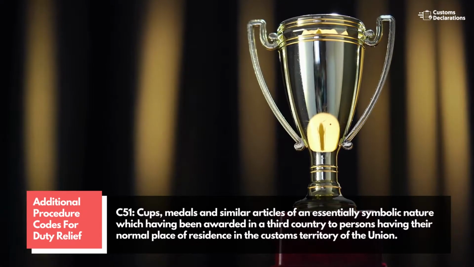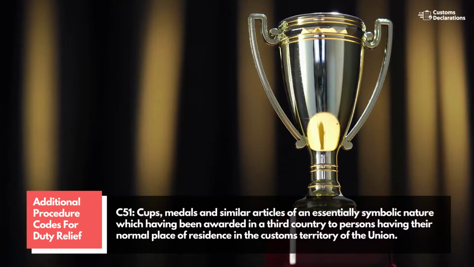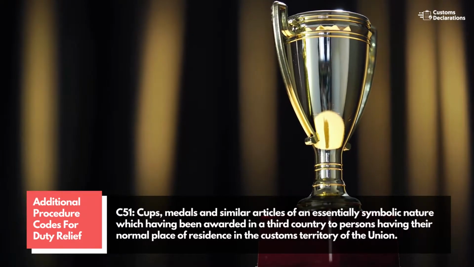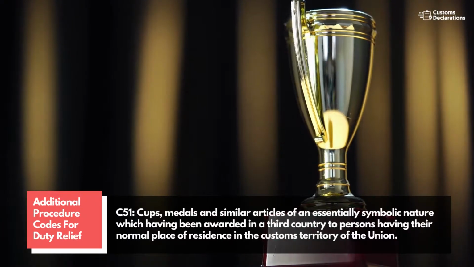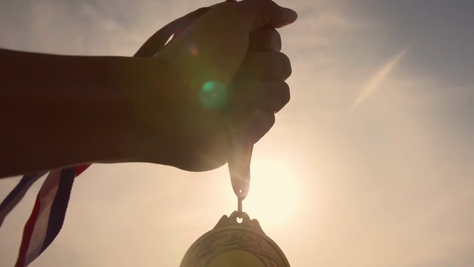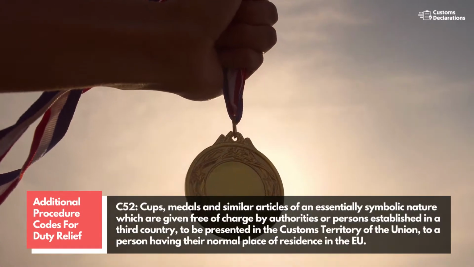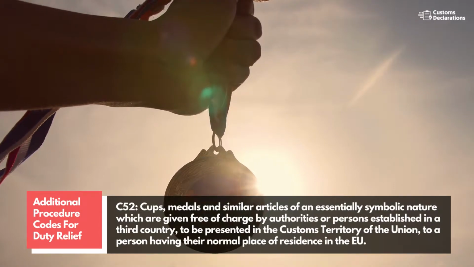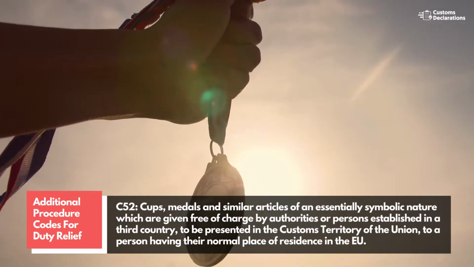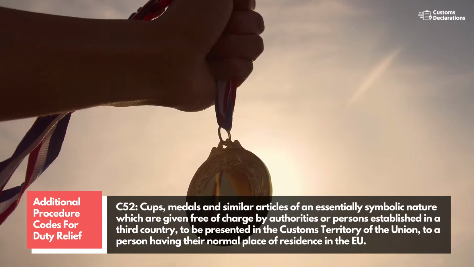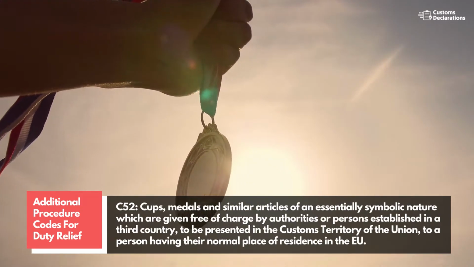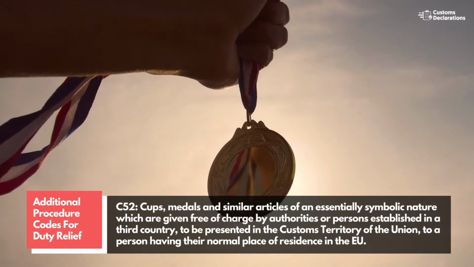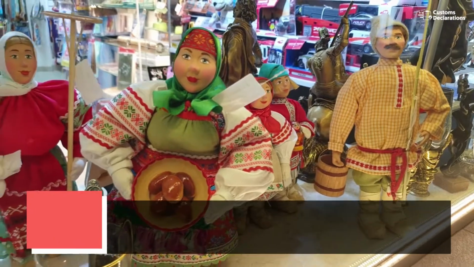C51. Cups, medals and similar articles of an essentially symbolic nature which having been awarded in a third country to persons having their normal place of residence in the customs territory of the Union. C52. Cups, medals and similar articles of an essentially symbolic nature which are given free of charge by authorities or persons established in a third country, to be presented in the customs territory of the Union, to a person having their normal place of residence in the EU.